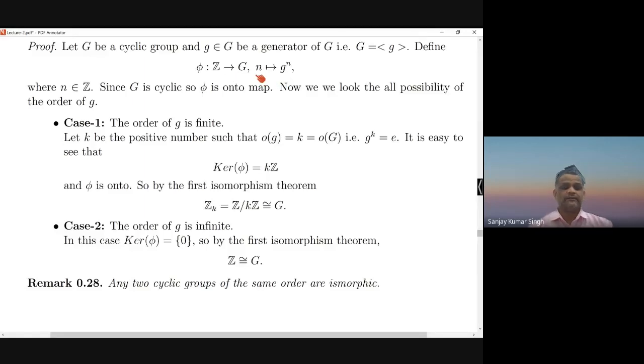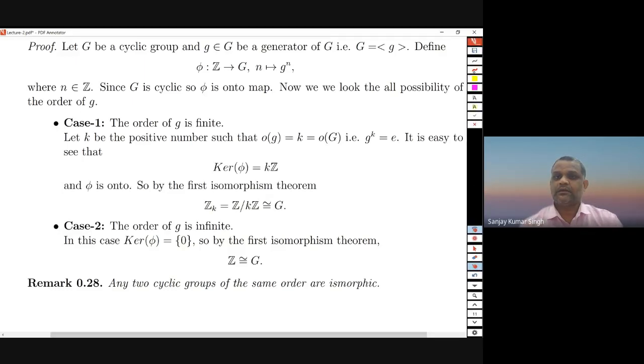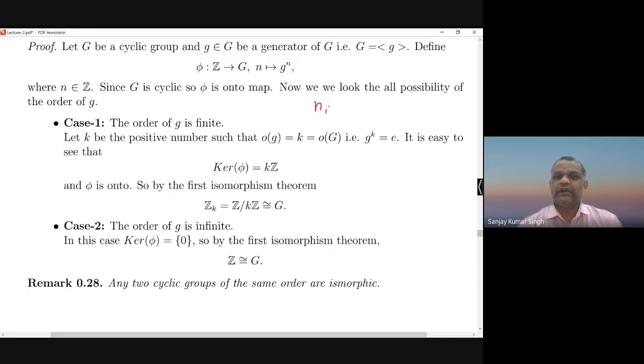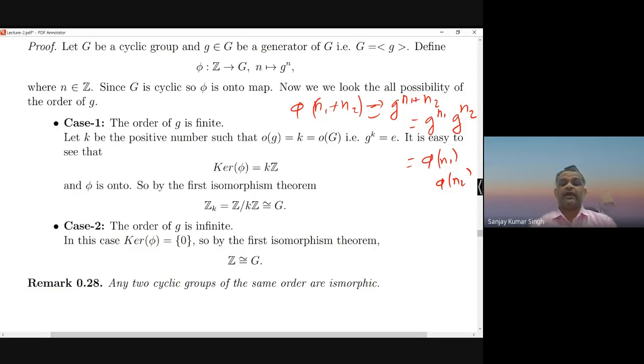Because if you take n1, n2, then it will go to g power n1 plus n2, which can be written as g power n1 times g power n2, and this you can write as phi of n1 times phi of n2. So now I have defined a group homomorphism which is onto.